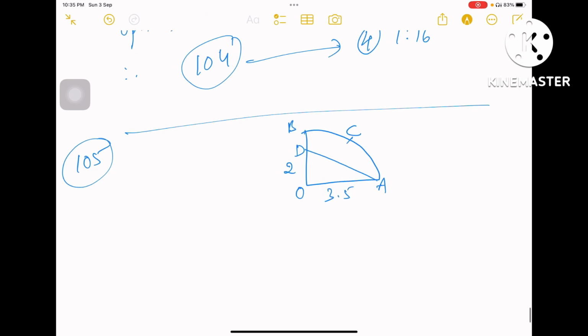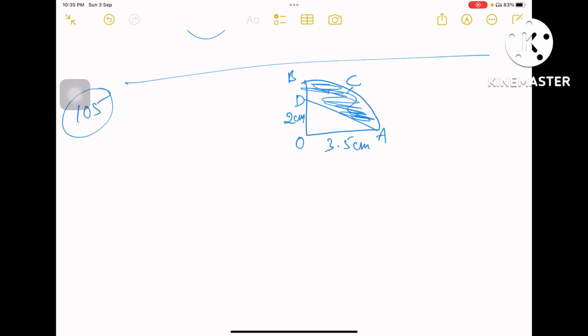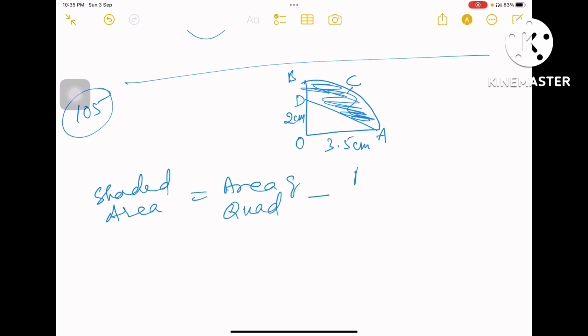Now this is 3.5 centimeter, this is 2 centimeter. Now we have to calculate the area of this shaded portion. Very simply, we'll have to calculate the area of the quadrant minus the area of triangle AOD.